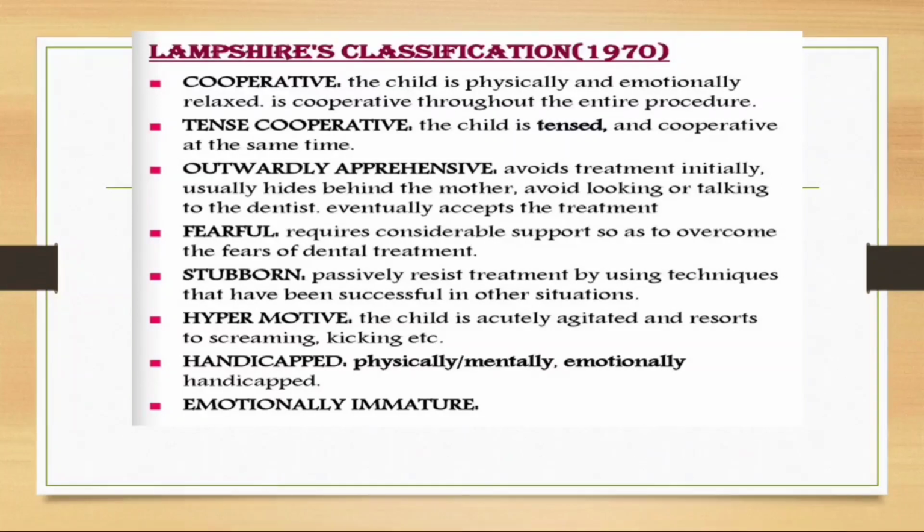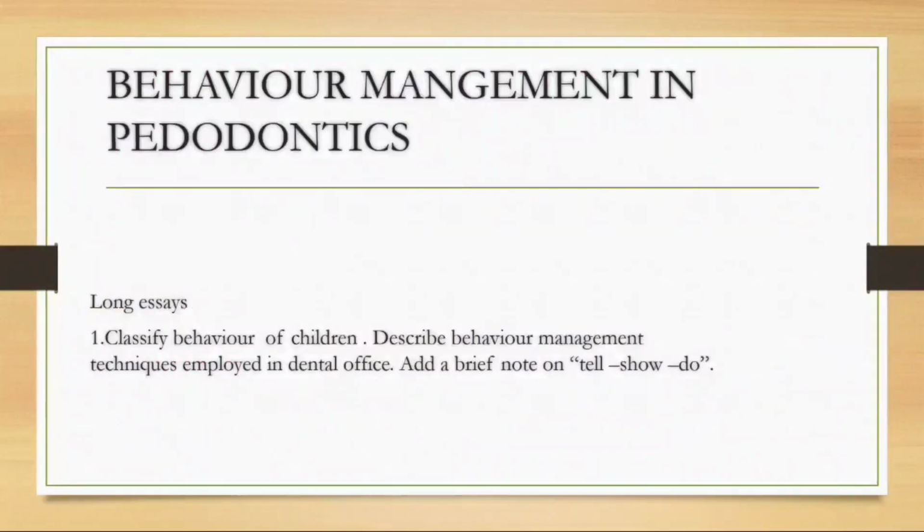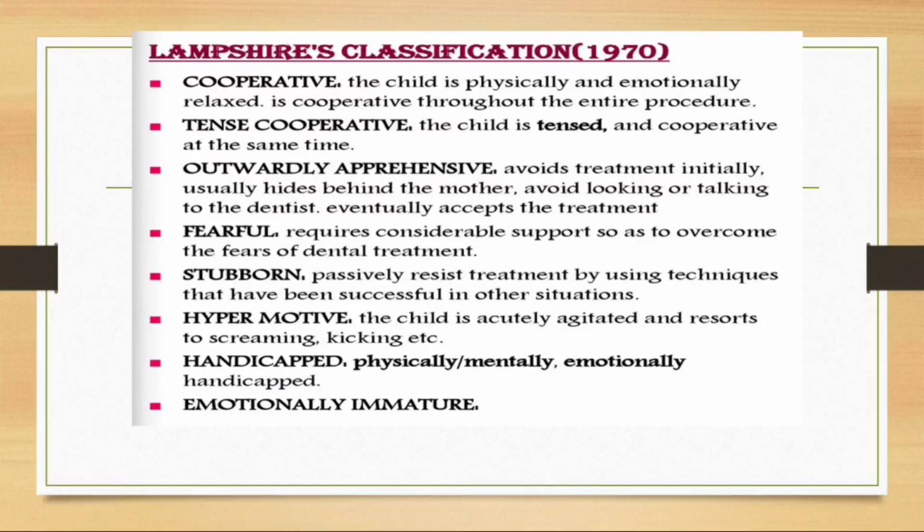So we'll start with the classification of behavior given by Lampshire in 1970. The first one is cooperative, where the child is physically and emotionally very relaxed and very cooperative throughout the procedure. The second one is tense cooperative: the child is tense but at the same time cooperative.